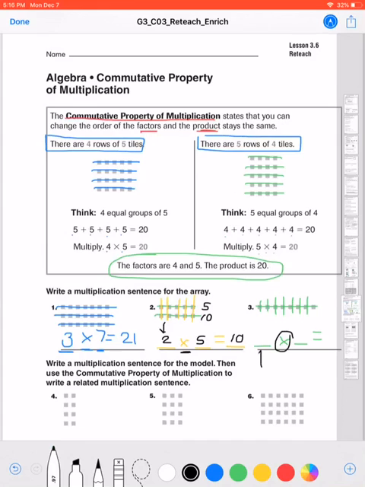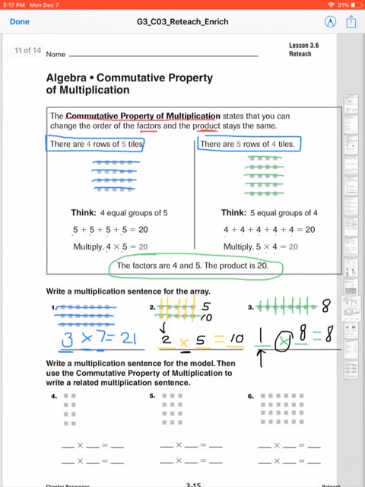How many rows do we have? Awesome job. We have 1 row. And how many are in that row? You got it. We got 8 in that row. So 1 times 8, we just count by 8s. 8. Boom, done. Awesome. So 1 times 8 equals 8.